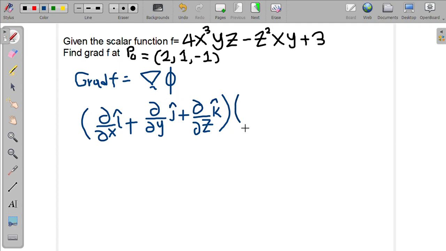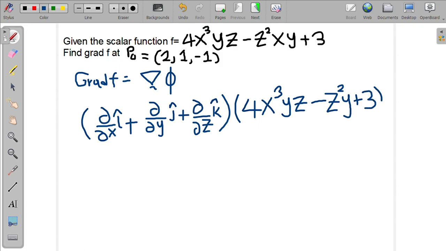So phi is the same as 4x cubed yz minus z squared y plus 3. We close the bracket.